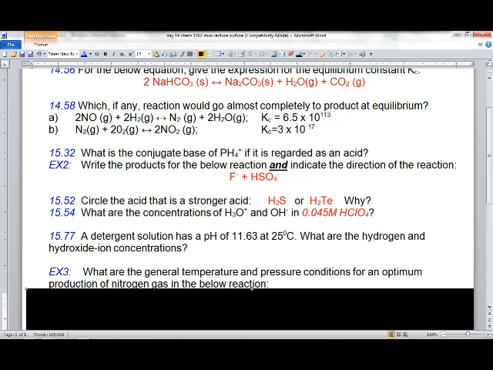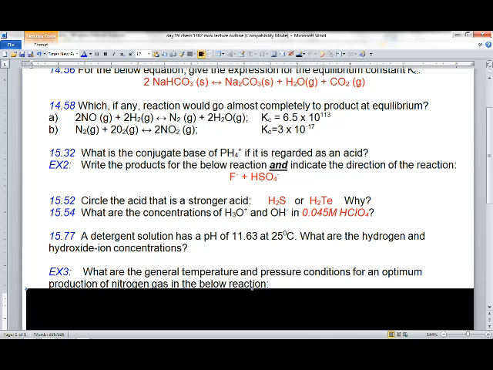If they remove a product, now you don't have enough product, it's going to shift to the product, right? If you remove a product, now it's like a hole. It's shift to the product. If you remove a reactant, okay?